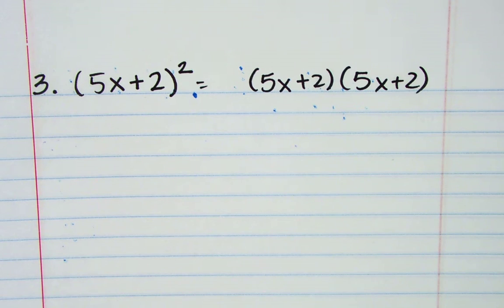First, outside, inside, last. Remember, you're multiplying. 5 times 5, not 5 plus 5. You're multiplying first.